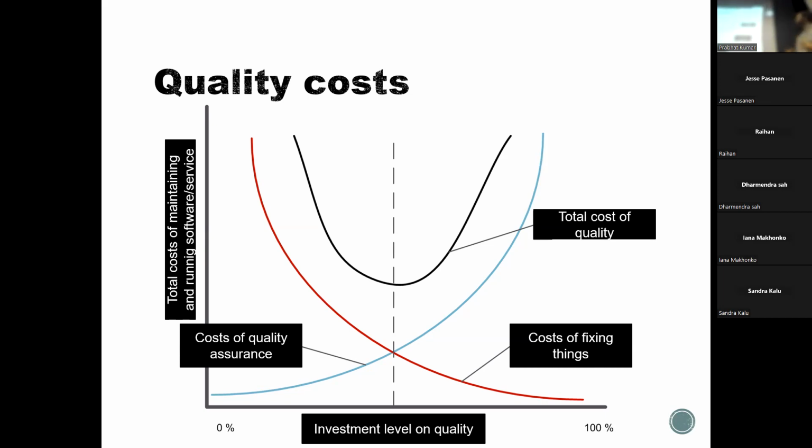So this point is going to come in the center of the whole graph, where the level of quality you are investing in is average, and the same goes for the y-axis, the total cost of maintaining and running software and services, which is going to be decided from those factors. Okay.